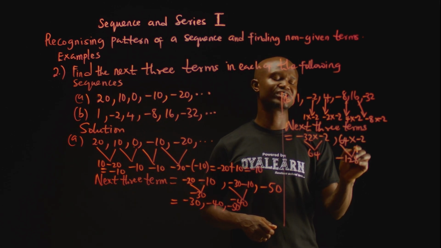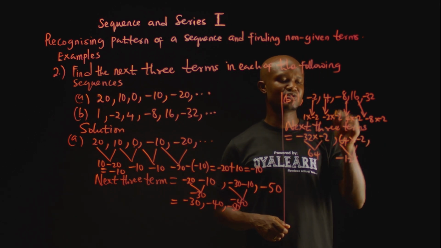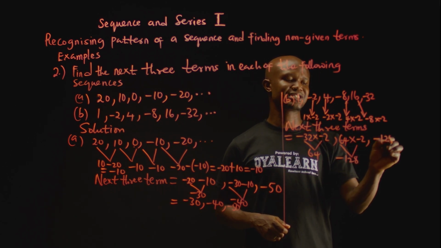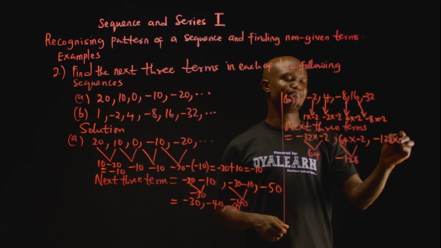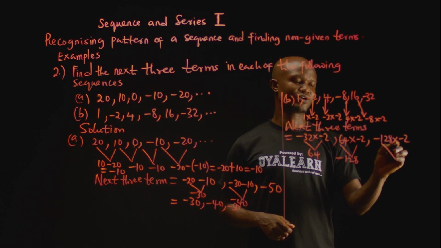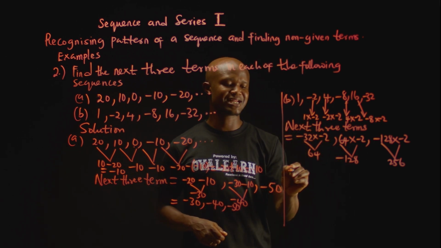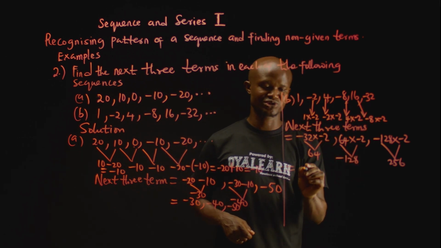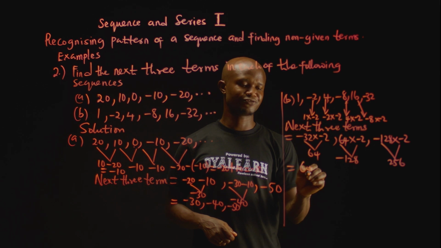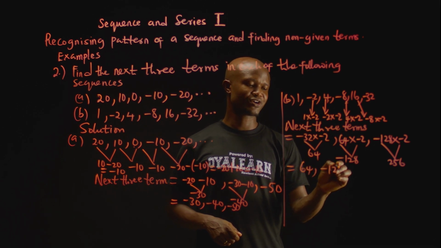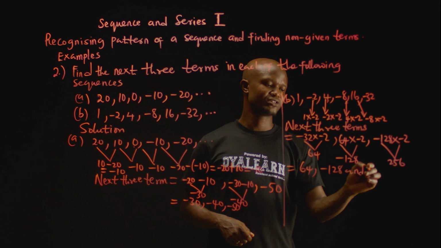Minus 128. Now minus 128 times minus 2 will give us 256. So it means that the next three terms after minus 32 are 64, minus 128, and 256.